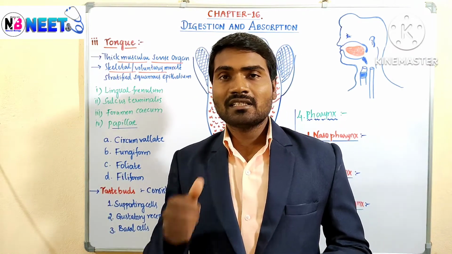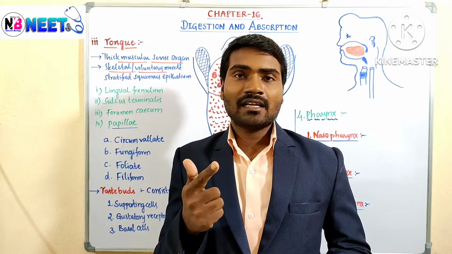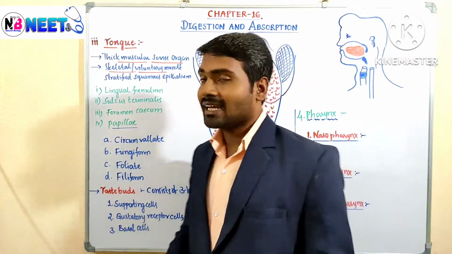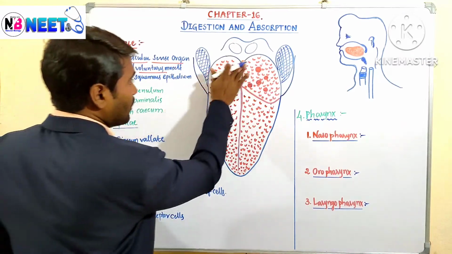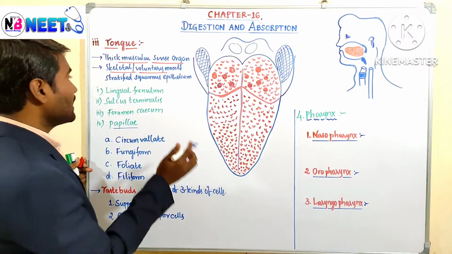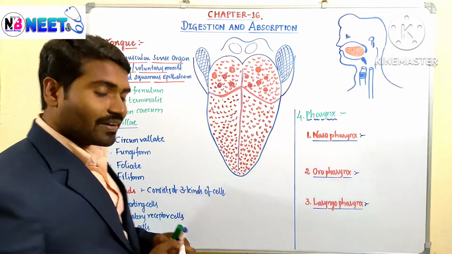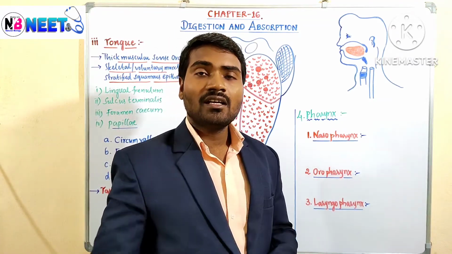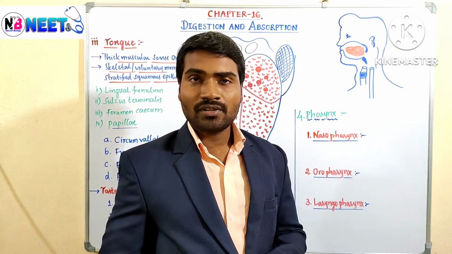As we know, muscles are of three types: skeletal muscles, non-skeletal muscles and cardiac muscle. So voluntary muscles or skeletal muscles make this tongue. Over its surface, there is a layer of epithelium called stratified squamous epithelium, which covers the total surface of the tongue.